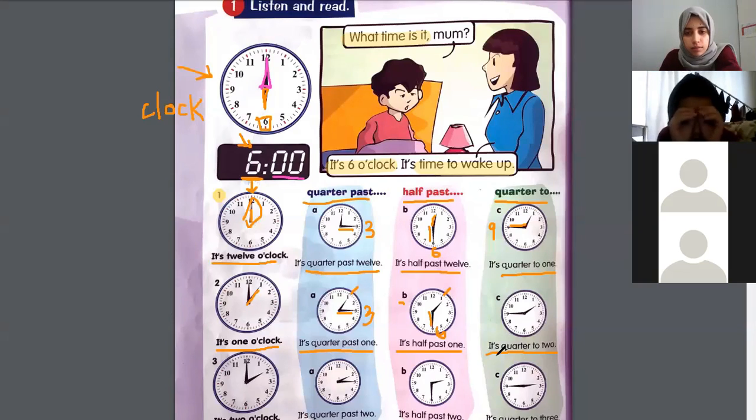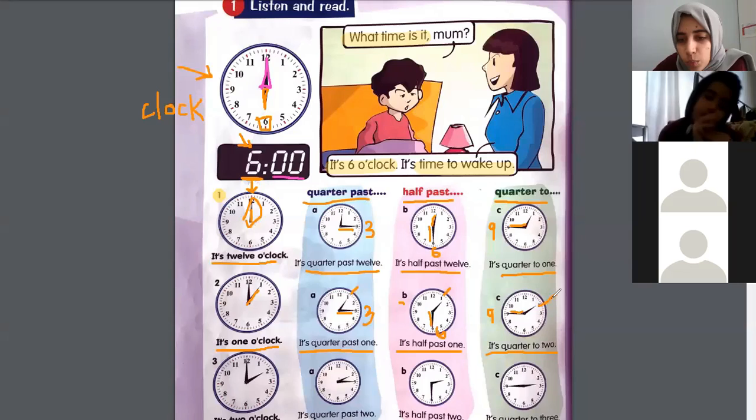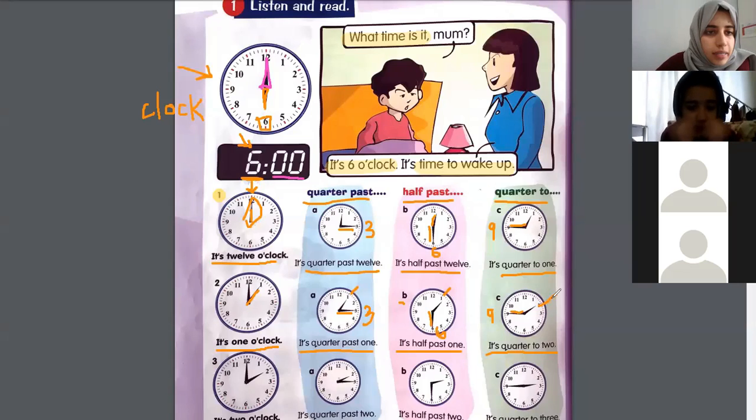It's a quarter to 2. Excellent, Ali. So we're saying 1:45 because the long hand here is at 9, and the next hour is 2 o'clock. So it's 1:45 because we have a quarter and then it's going to be 2 o'clock. Thank you.